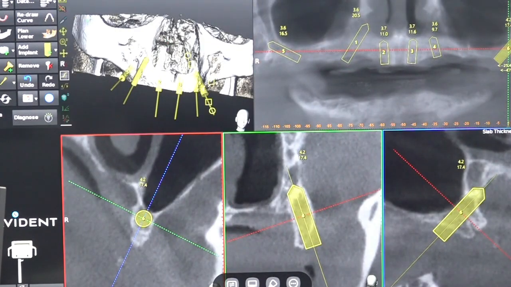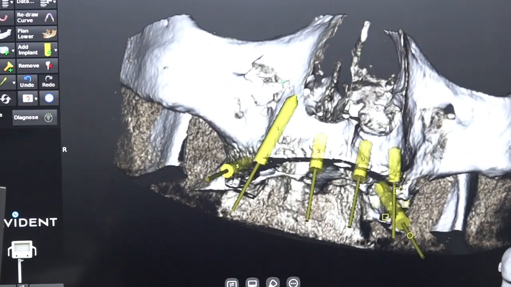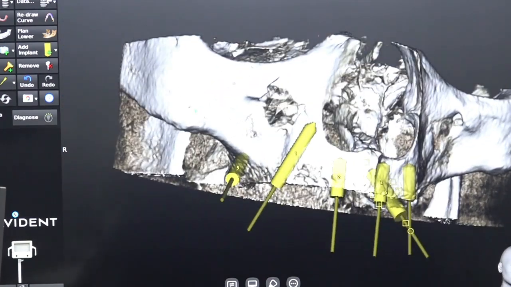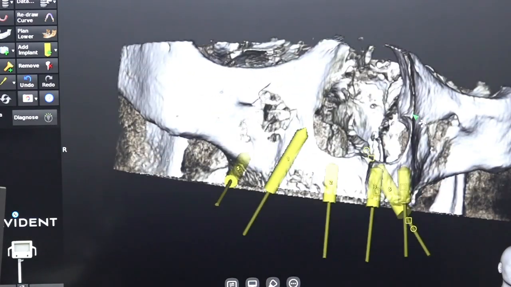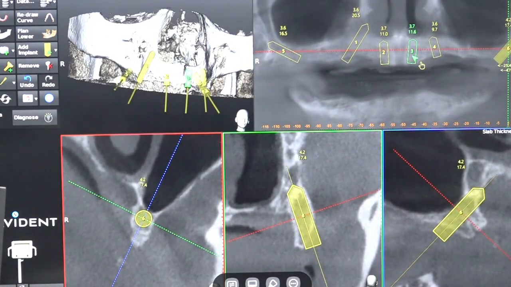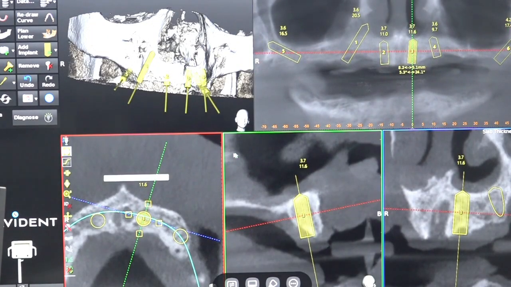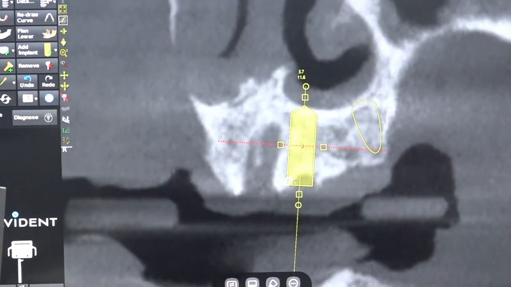Now we are leaving the pterygoids and we are going for the premaxillary implants. Our tentative plan is 2 tilted and 2 axial. We will finish the axial first because they look easier. Axial is nothing but just lateral to the nasopalatine canal.